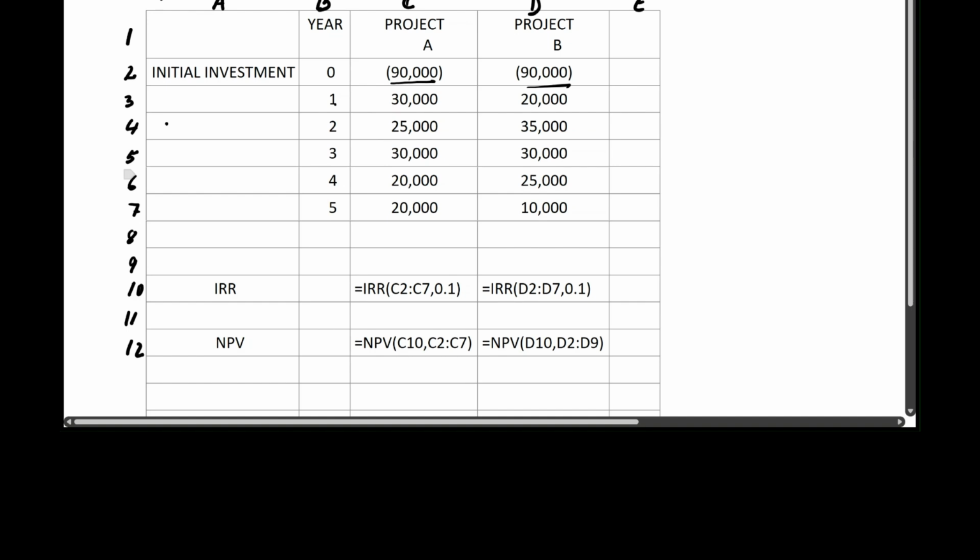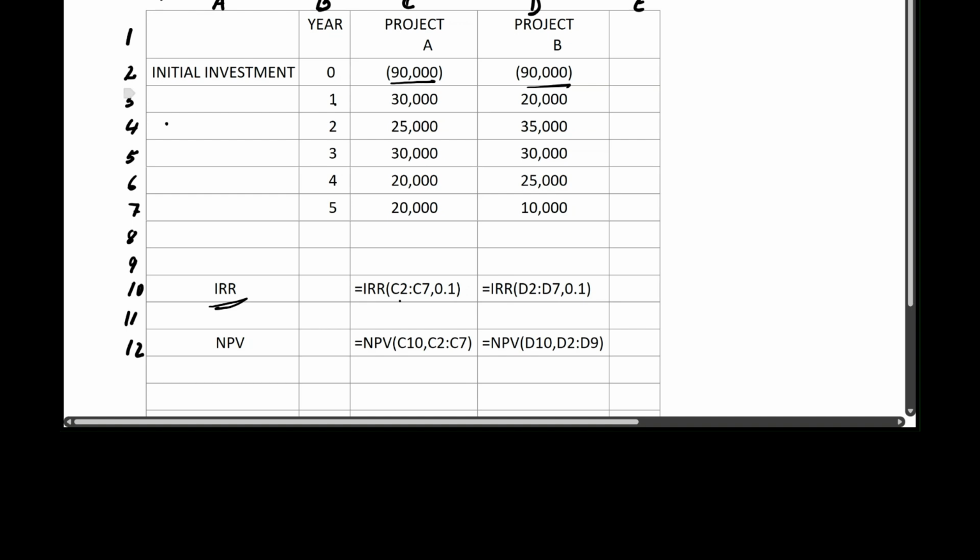And when you're using Excel, this is the formula you're going to use, IRR. I assume all of you know how to use formulas in Excel. You put your equal sign, then IRR, and then C2 to C7, this column.